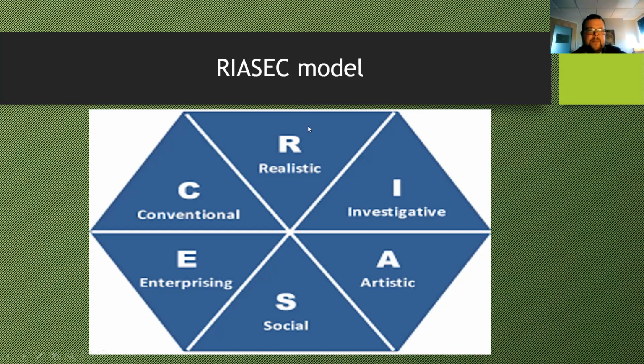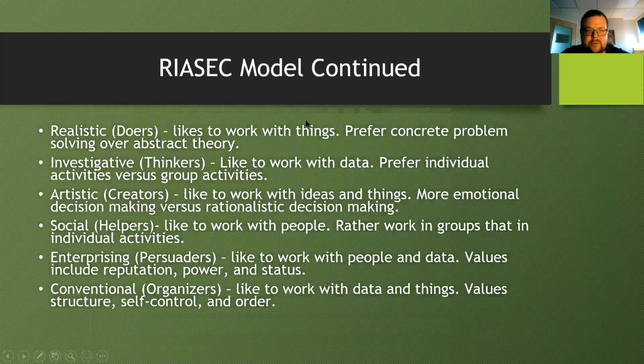I will explain what these mean next. Next slide. Okay, so here's the model continued. Again, you most likely are going to have 3 traits because we're complex beings and there are many different professions that have a combination of these traits. Someone who scores high on realistic is what we call a doer.